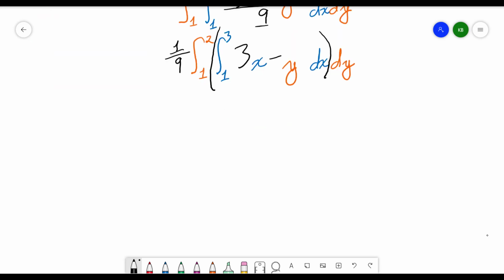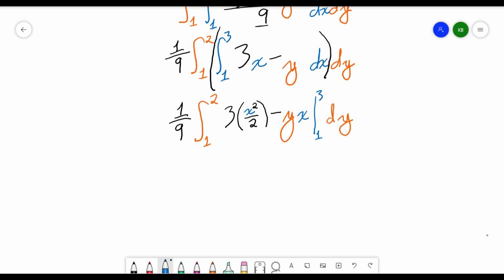Inside my parentheses, I'm integrating with respect to x. That means that x is going to be my variable, in this case only my blue x. Only my x matters as a variable. Y doesn't match the variable that I'm integrating with respect to, so y in this case is treated as a constant.